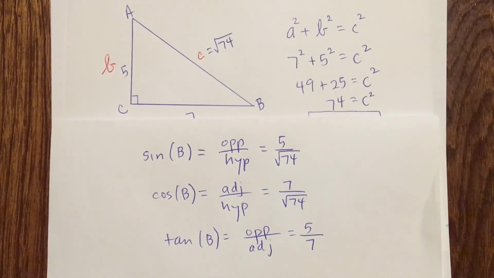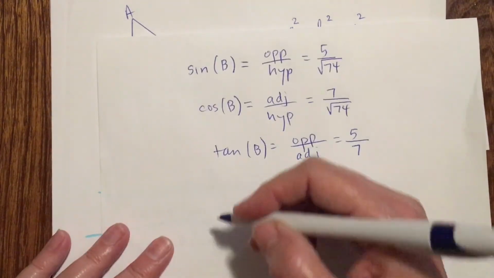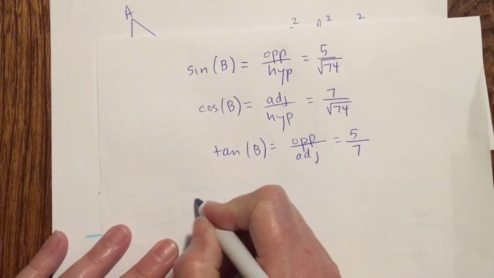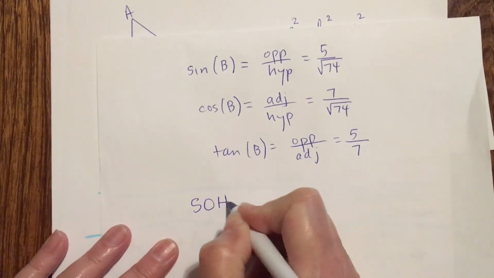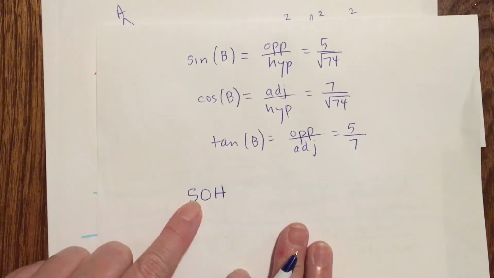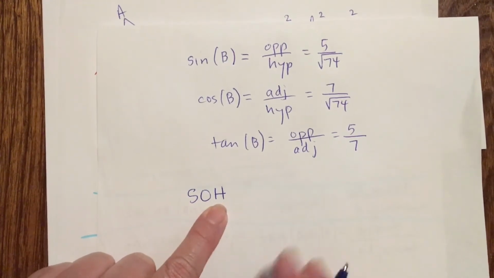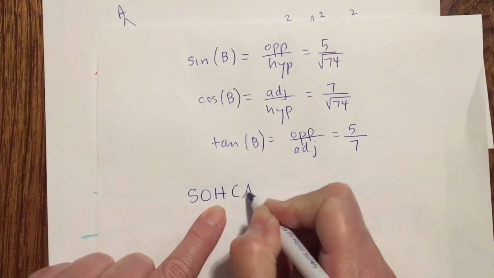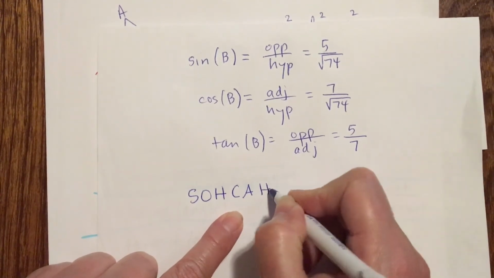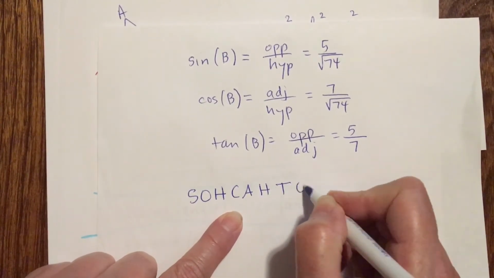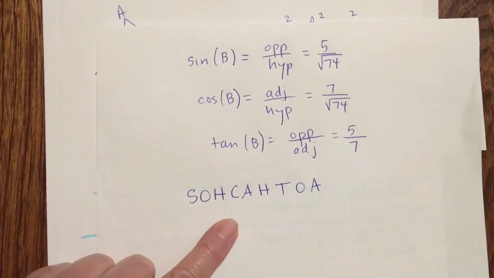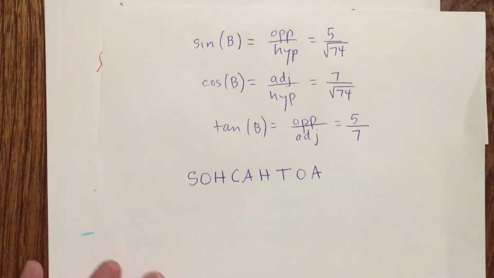But you really can't memorize a formula here because the opposite and the adjacent sides are trading places when you switch angles. So your best bet is to remember, some people will do SOHCAHTOA: sine, opposite over hypotenuse, cosine, adjacent over hypotenuse, tangent, opposite over adjacent. And you can kind of split it up like that.